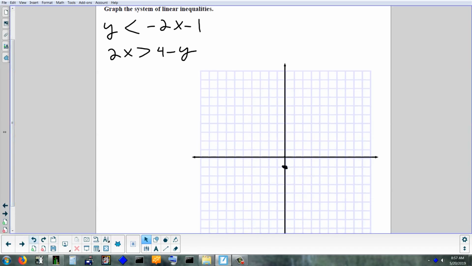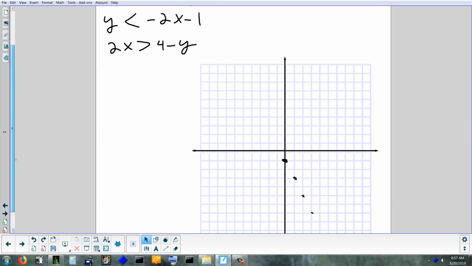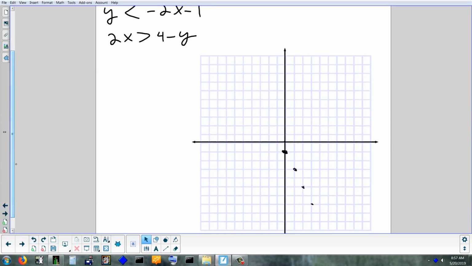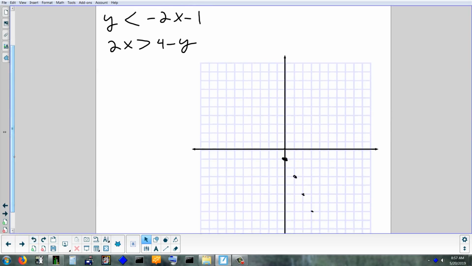Down 2, right 1. Why down? Because it's negative. Okay, do it. If you get enough time to do it a couple times, do it a couple. Now what? Brady, what do I do now? Dot line. Why?